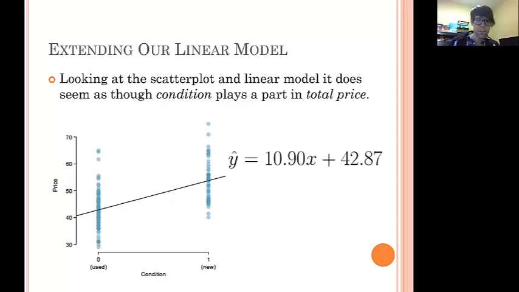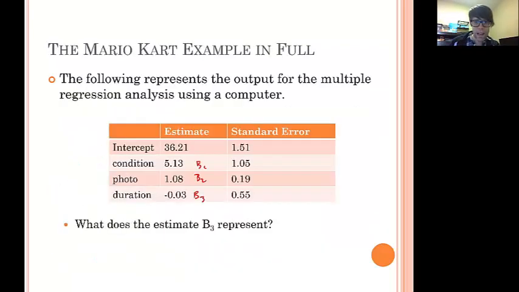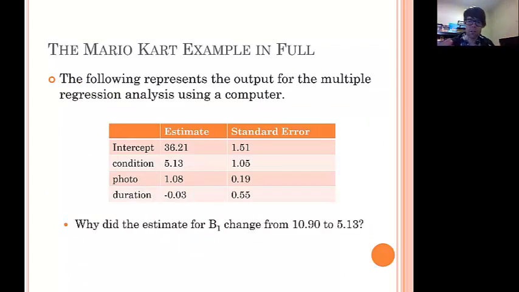So when we first started talking about the linear model, we would say that selling a new cartridge resulted in an increase of about $10.90. And in the updated model, condition now only plays a $5.13 overall increase in the final sell price.